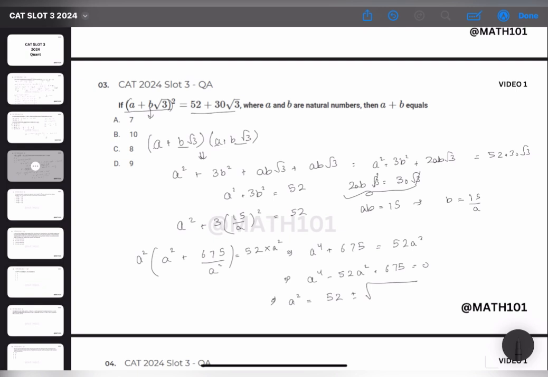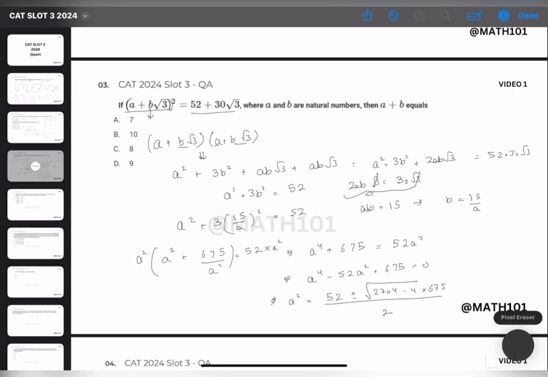So 52 square, we quickly find it, 52 into 52 is 104 cross 26, so we get 2704. 2704 minus 4 into 675, upon 2. So 4 into 675 is 2700.